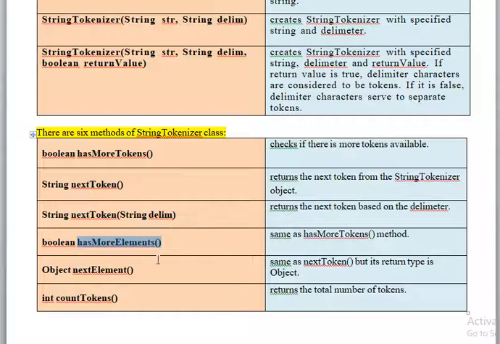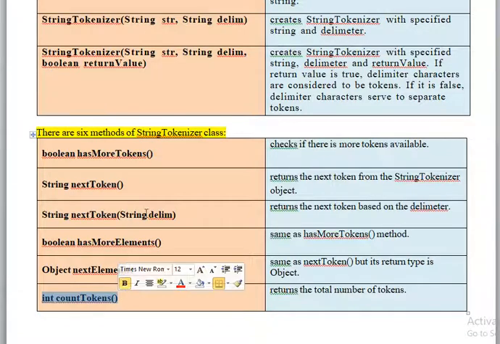It is the same as hasMoreTokens. Object nextElement will return the token in the form of an object. So the difference is nextToken will return the token as a string, nextElement will return the token as an object. And the last one, int countTokens, counts how many tokens are present in the string.